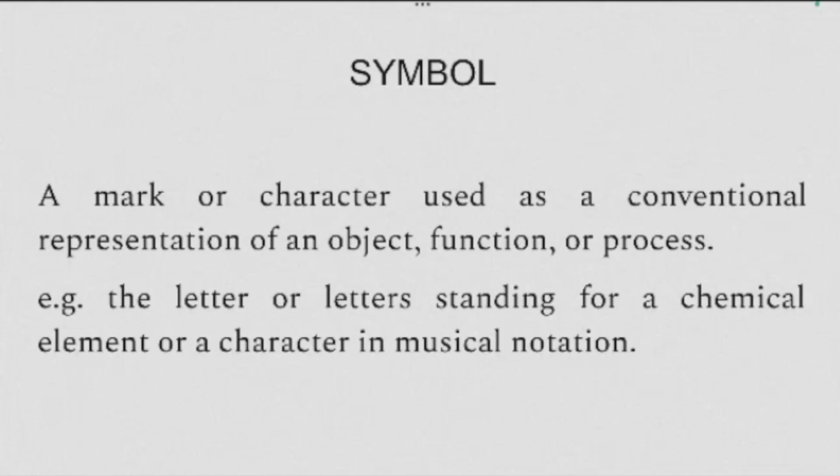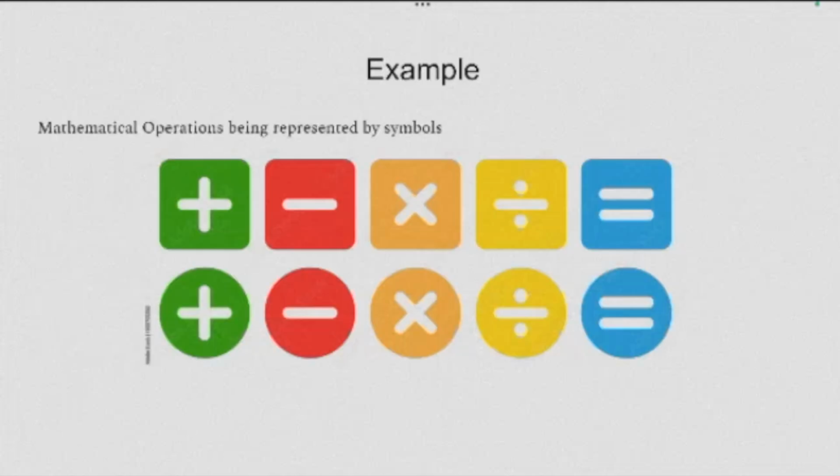For example, the letter or letters standing for a chemical element or a character in musical notation, or the mathematical operations which we have learned to use since our childhood: addition, subtraction, multiplication, division, and is equal to. These may be considered as examples of mathematical operations being represented by symbols.